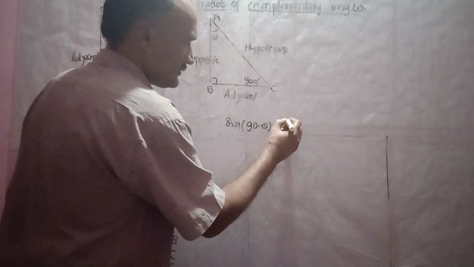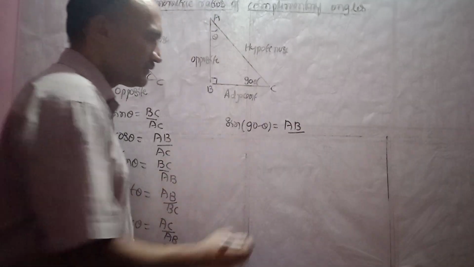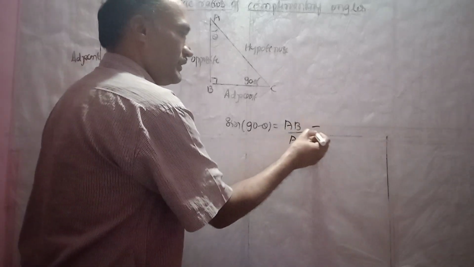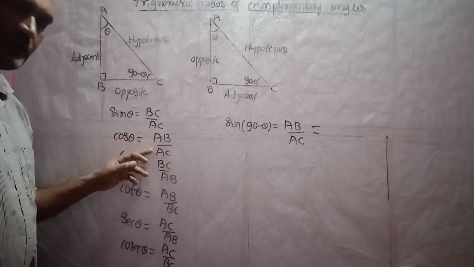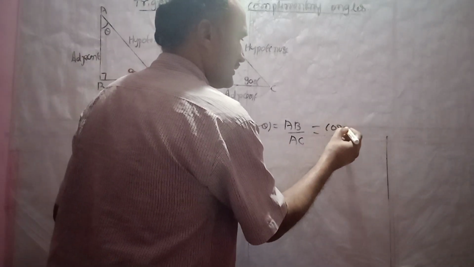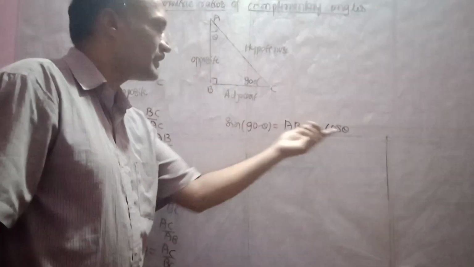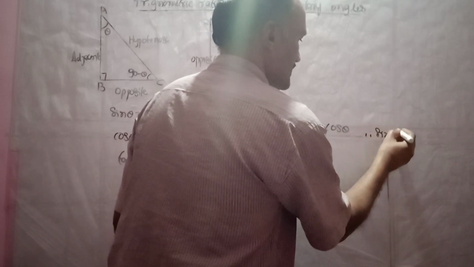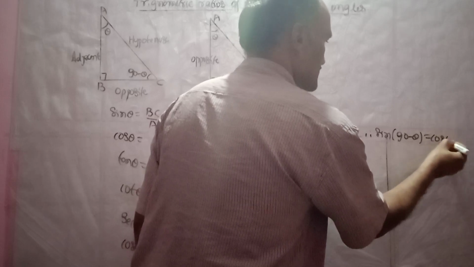Opposite is AB, by hypotenuse AC. Look here, AB divided by AC ratio is cos theta. So sin 90 minus theta is nothing but cos theta. Therefore, sin 90 minus theta is equal to cos theta.